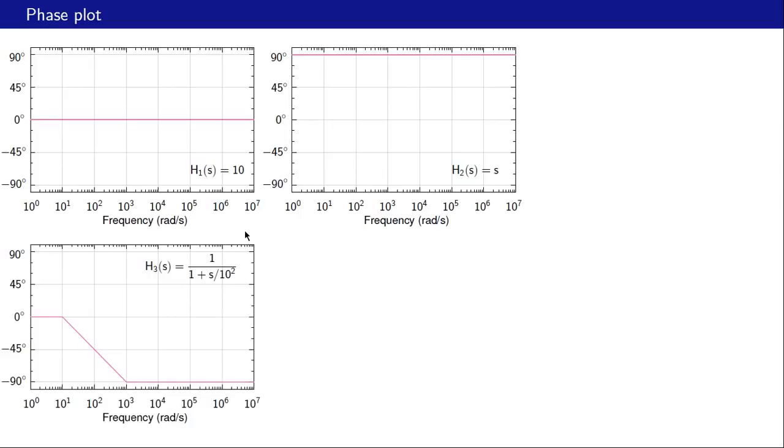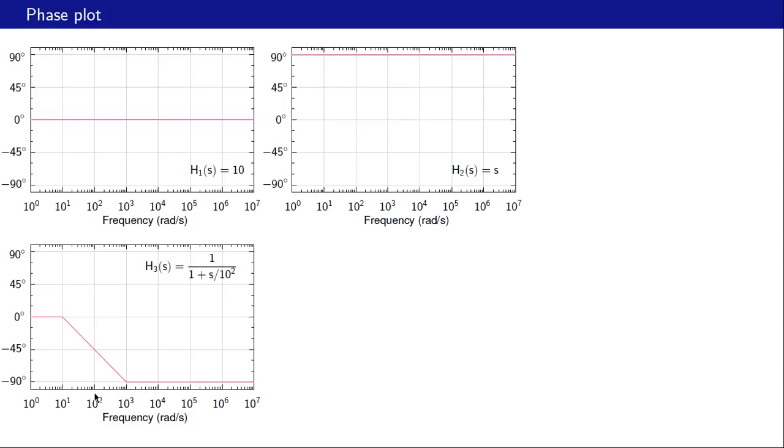Next, let us take H3. This represents a pole, and if you remember, what we do now is locate the pole, that is here 10 raised to 2, go 1 decade below that frequency, so we come to 10 raised to 1, and for frequencies less than that we have 0 degrees.